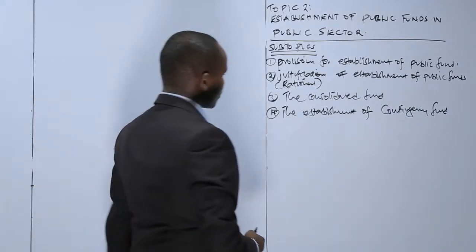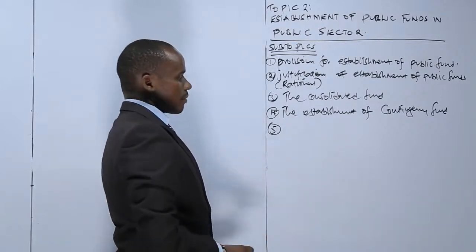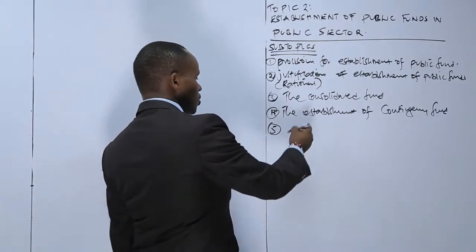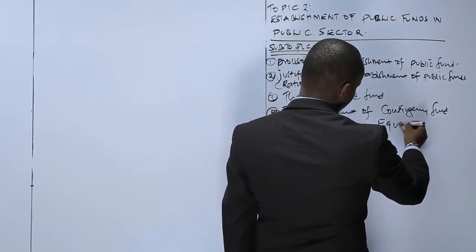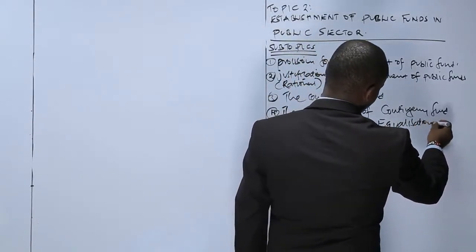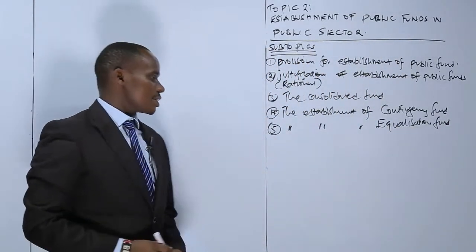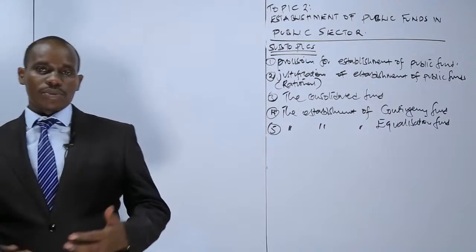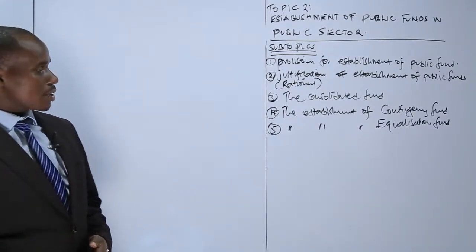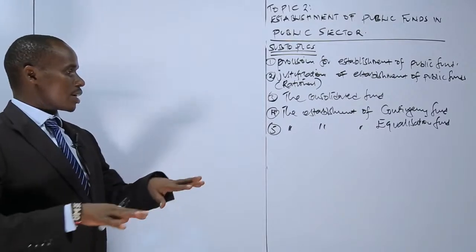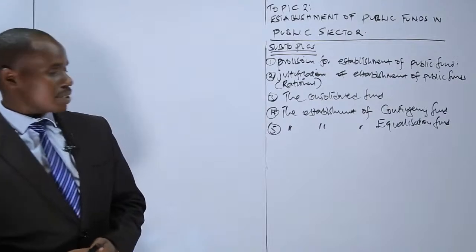The other fund that we'll also look at, which will be subtopic number 5, is the establishment of the equalization fund. This is a fund created by the government to empower and make the marginalized areas grow, so that we can make them at par with the other developed counties.